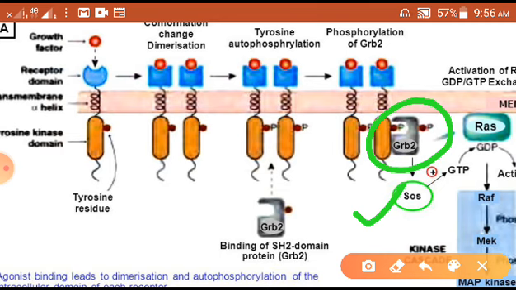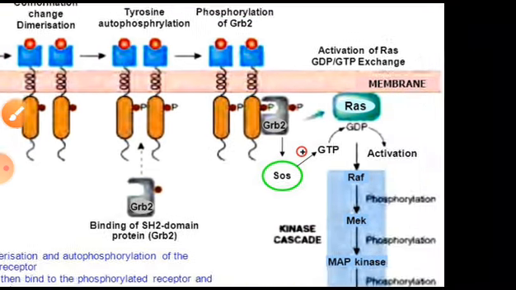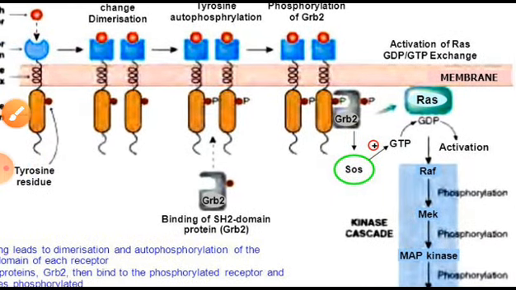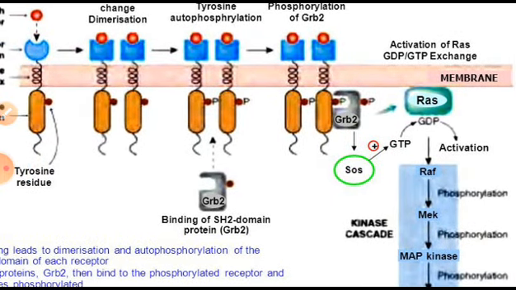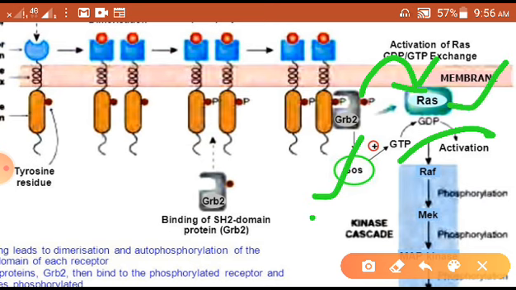Now this SOS protein also gets activated, and SOS is activating GTP, or sometimes GRB2 will activate the RAS protein, and the RAS will activate the GTP to GDP conversion, and the activation begins. So either the activation begins by the SOS or by the RAS.